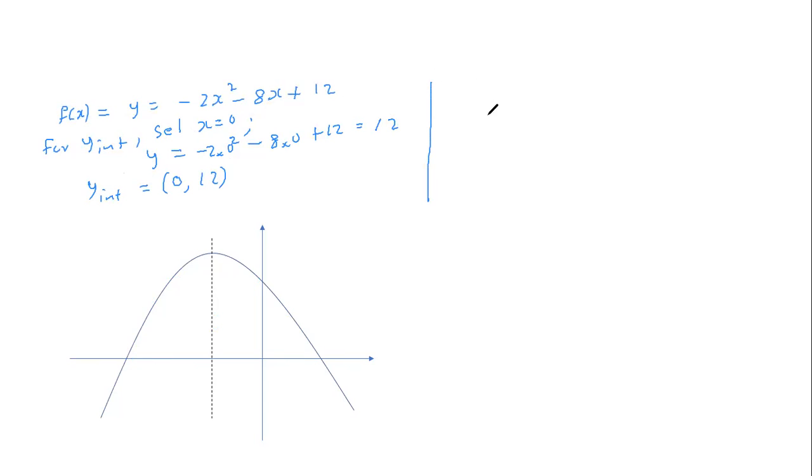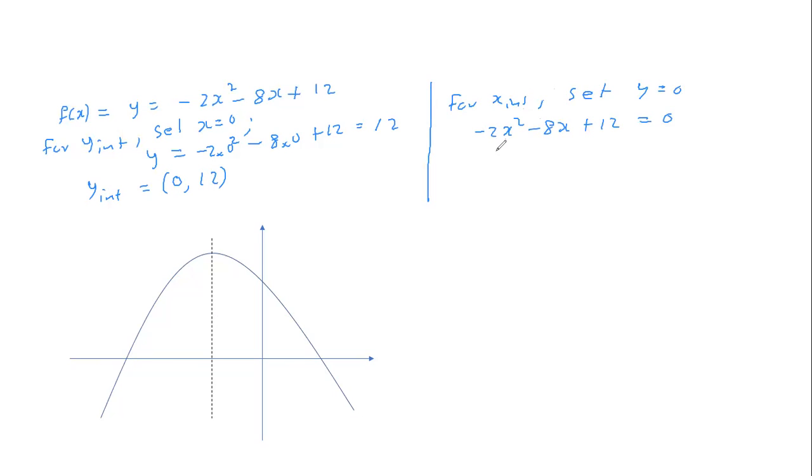let's do the x-intercept here. For the x-intercept, set y to 0, then we get negative 2x squared minus 8x plus 12 equal to 0.